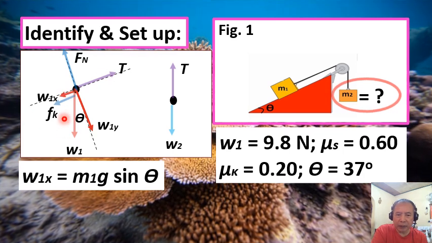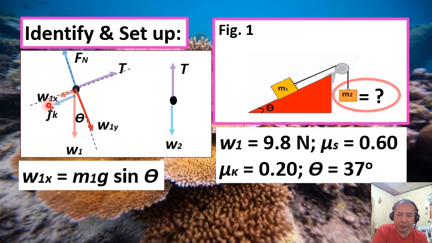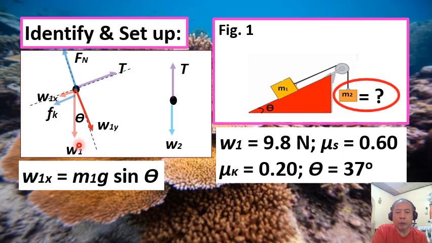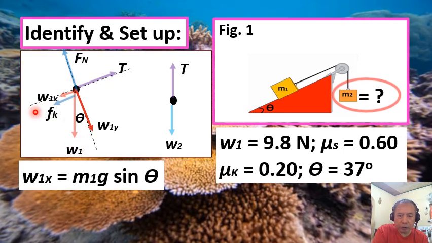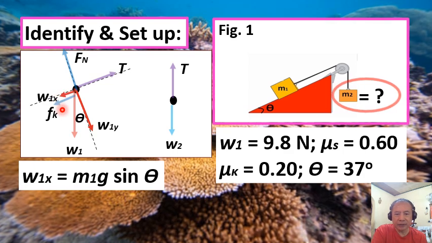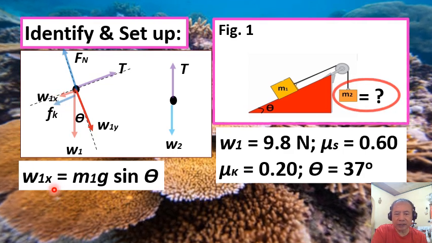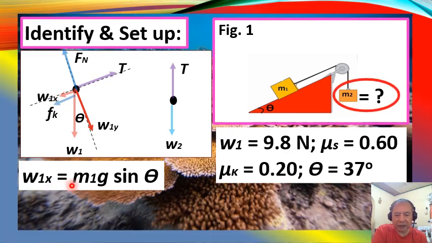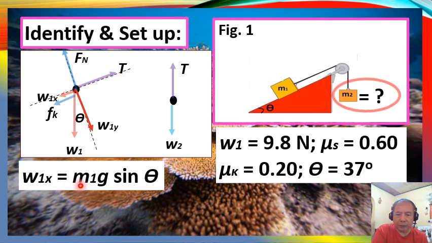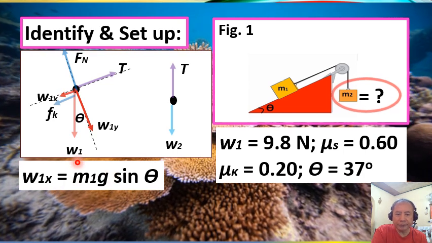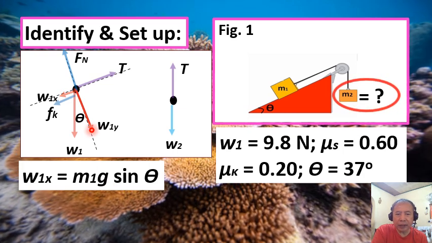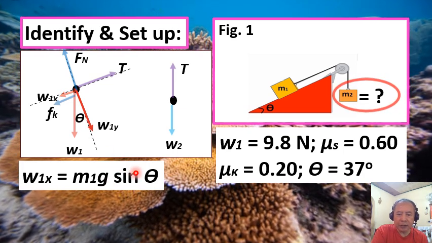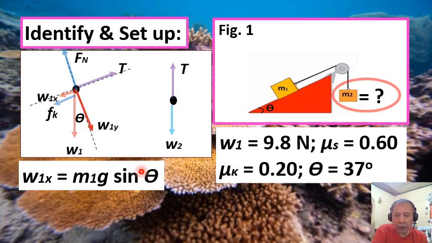That's why we label this component of weight W1 directed down the incline as W sub 1x. It is expressed as the product of the mass m1 and acceleration due to gravity, multiplied by sine of the angle theta.